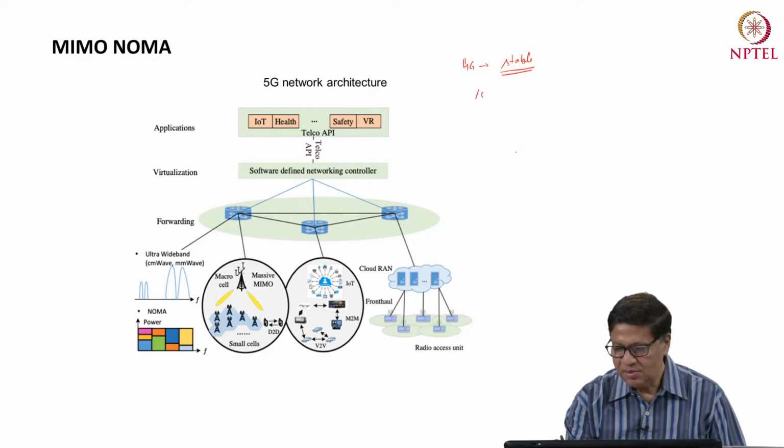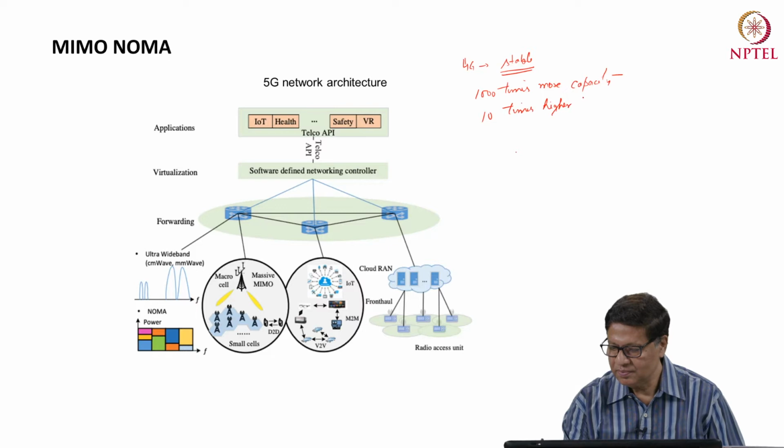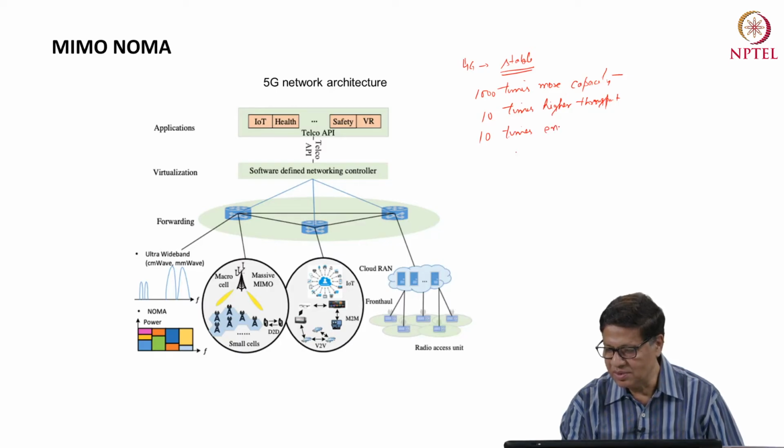For example, there will be 1,000 times more system capacity, 10 times higher throughput, and 10 times more energy efficiency as compared to 4G systems. So these are the goals of 5G network: energy efficient.